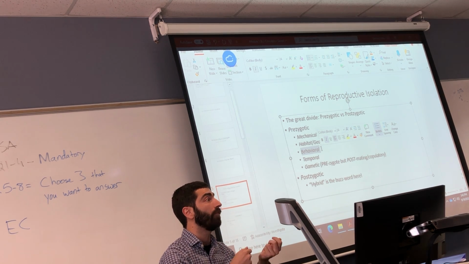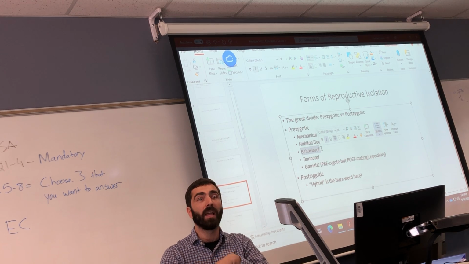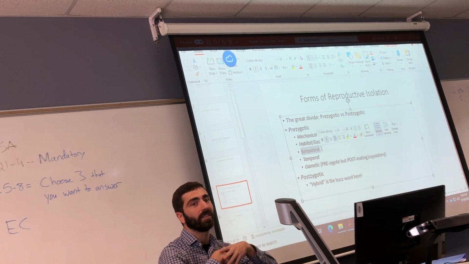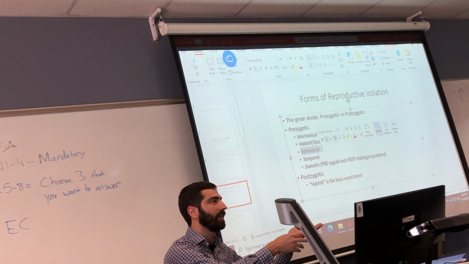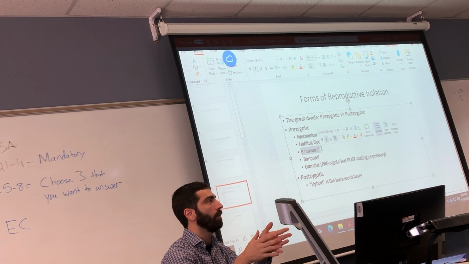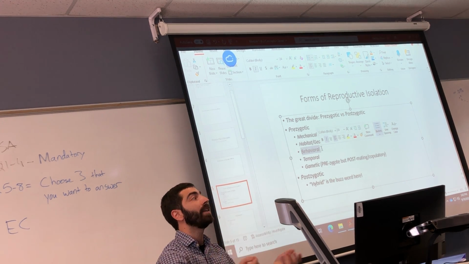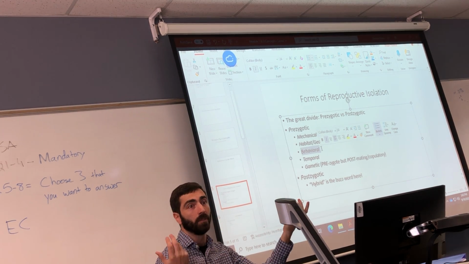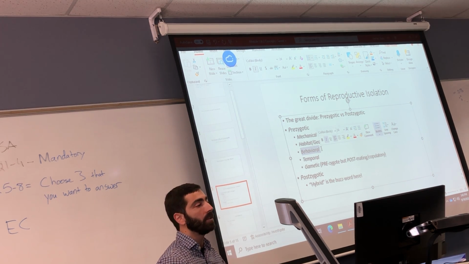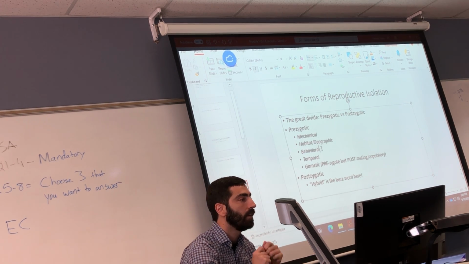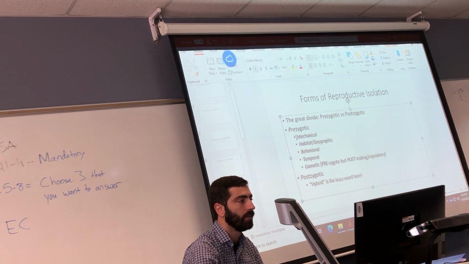And it's all based off of mate choice, where female cichlids will prefer mating with one color. That preference is so extreme that they'll only mate with, say, a red male cichlid, and other females will only mate with blue cichlids. You let that happen over enough time, and you end up evolving these red and blue different species. They're behaviorally isolated. So due to simply not wanting to mate, reproductive isolation forms as a result.